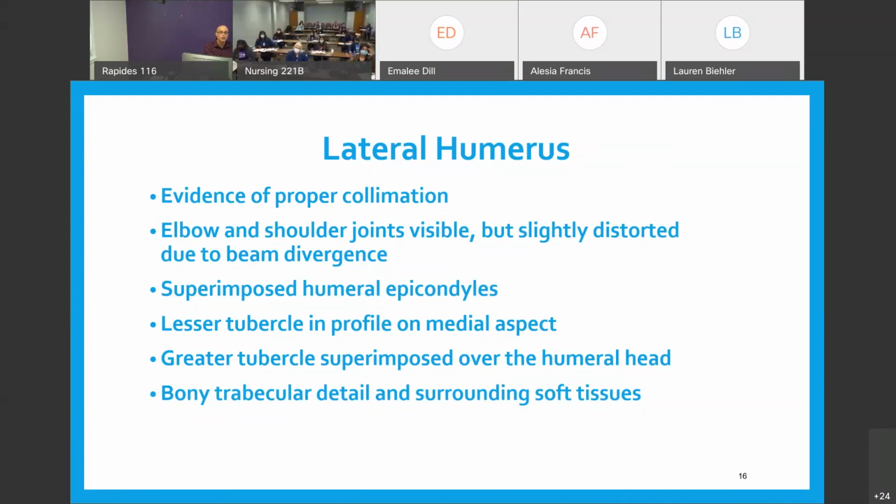Elbow joint. And you already know how to evaluate that looking at the epicondyles. So this should be a little bit easier because you already know the distal part of it. We're going to be talking about the shoulder joint with the greater and lesser tubercles, but you don't need to know that right now with just the humerus because you know what the epicondyles are doing.